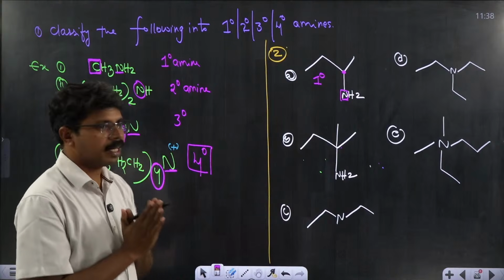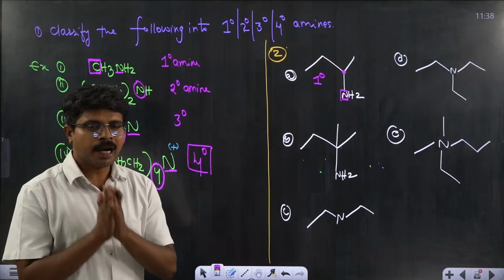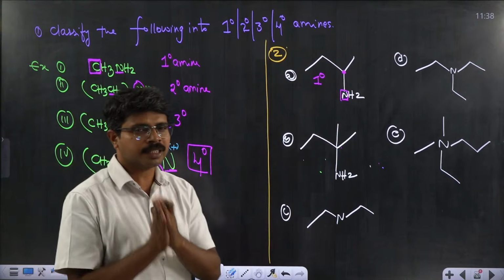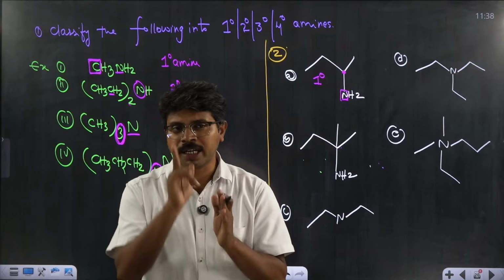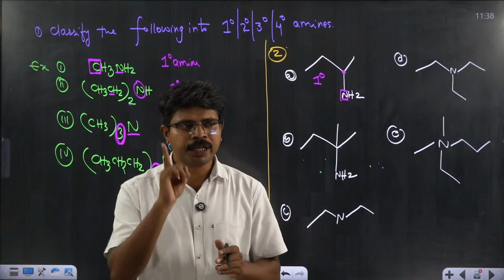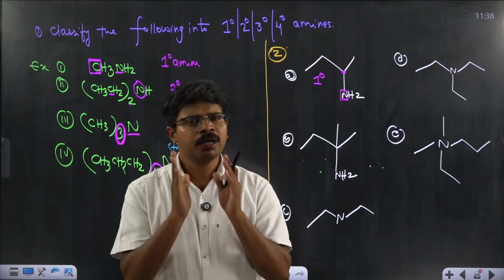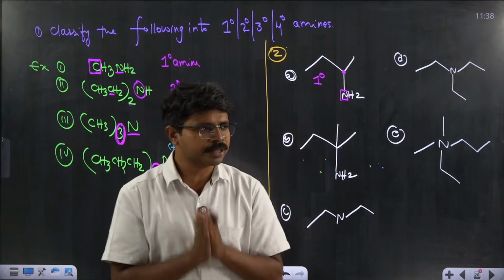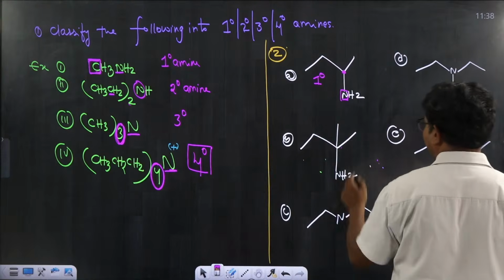It is not the secondary amine. You have to count the number of carbons which are directly attached to nitrogen. You are not supposed to check the degree of carbon. You need to just count the number of carbons directly attached to nitrogen. Right? Okay. Now this is going to be a primary amine.